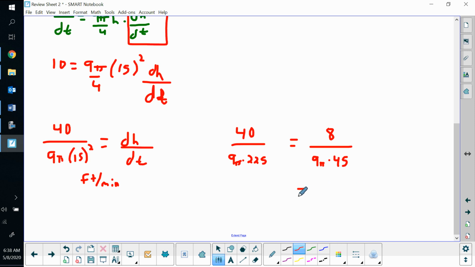And then that would end up giving us 8 over 405 pi. The easiest way to think of the 405, I think, is 10 times 45 would be 450. So 9 times 45 should be 45 less than 450, which is 405. And then you'd have your feet per minute. Okay, but that first answer we had would be perfectly fine as well.